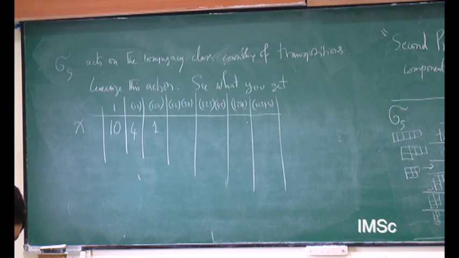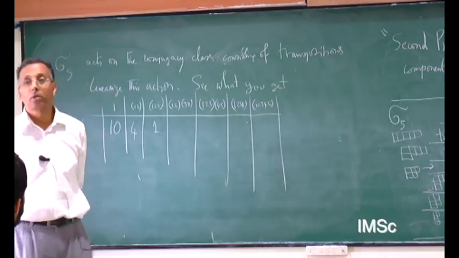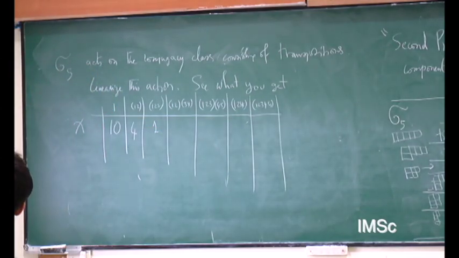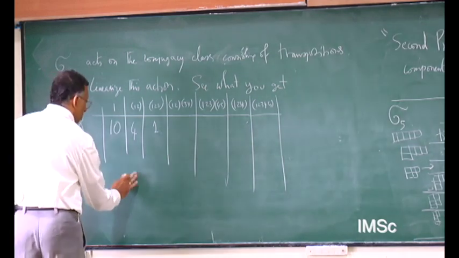How many does (1, 2, 3, 4) fix? (4, 5). How many do I write here? (1, 2, 3, 4), no transposition. 0. Why doesn't it fix (1, 2)? It fixes (1, 2), it fixes (3, 4), except (1, 5) and (3, 5). So what all does it fix?